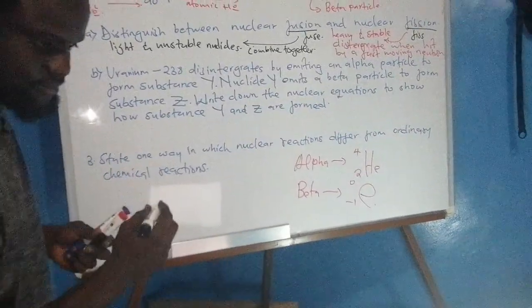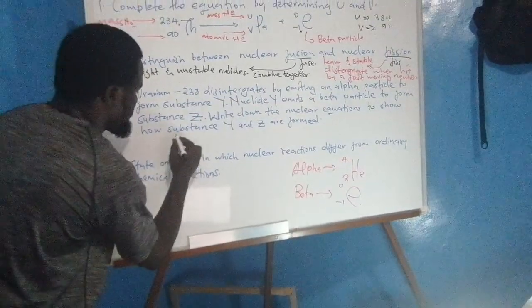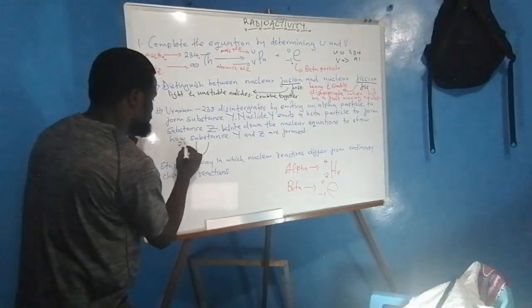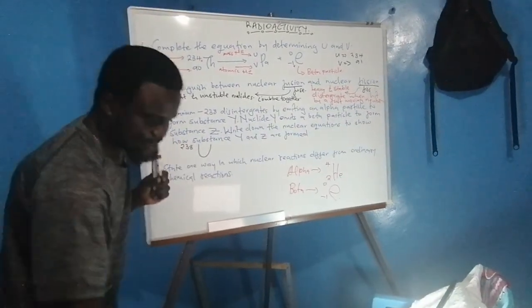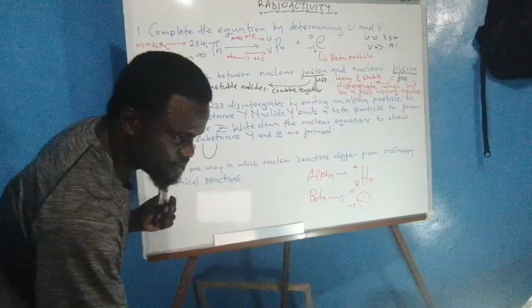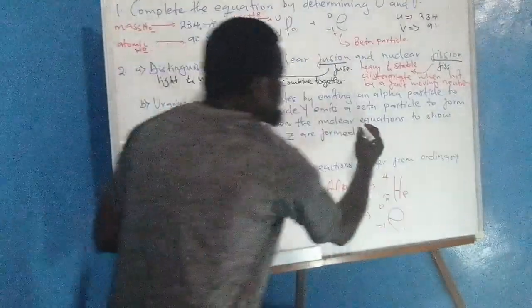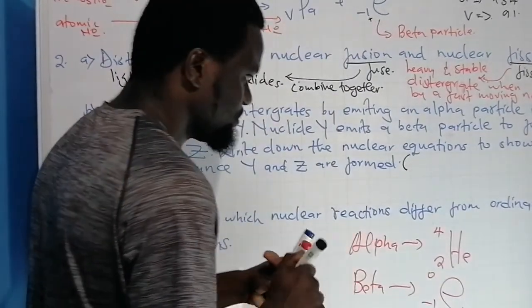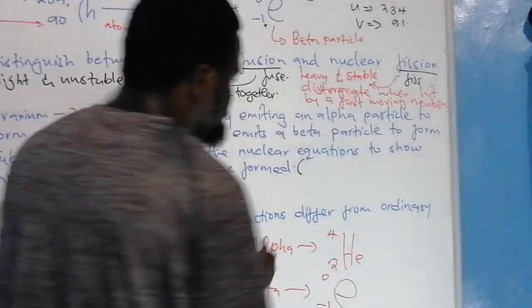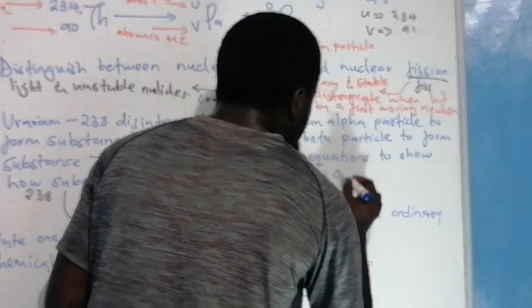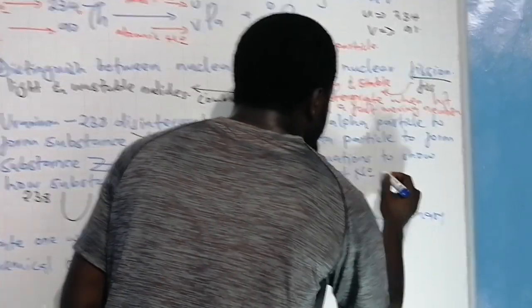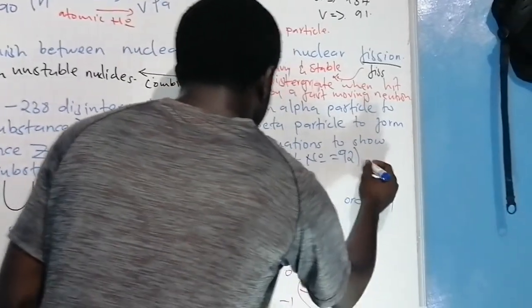And in such a case, we have uranium 238, and the atomic number of uranium we were given to be 92.